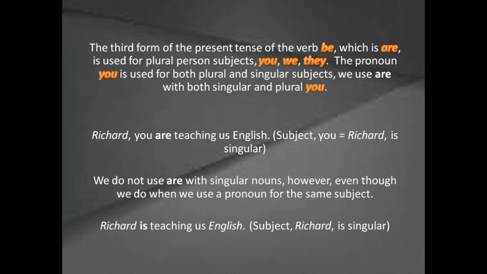The subject you is equal to Richard, who is singular. We do not use are with singular nouns, however, even though we do when we use a pronoun for the same subject. For example, Richard is teaching us English. The subject Richard is singular.